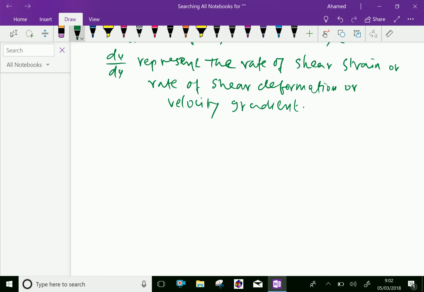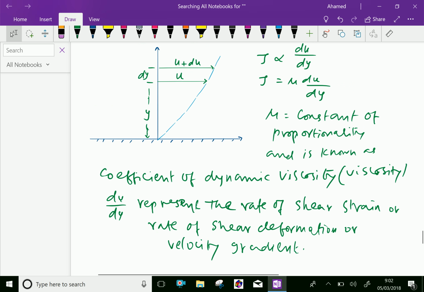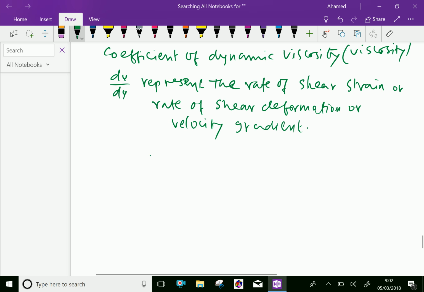Now from the above proportionality equation we can write mu equal to tau over du by dy.